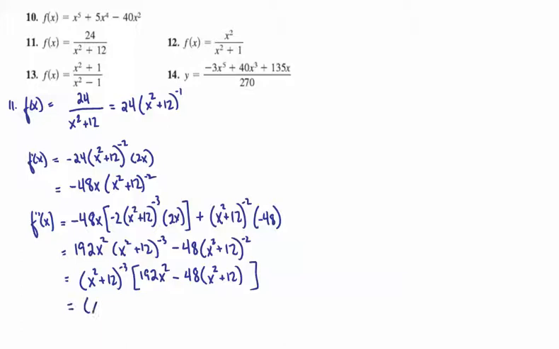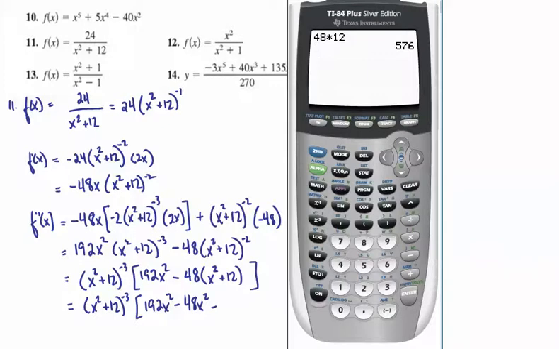So I have x squared plus 12 to the negative third, times 192 x squared minus 48 x squared, then minus 48 times 12. It's okay if you reach for your calculator there. And 48 times 12 is 576.